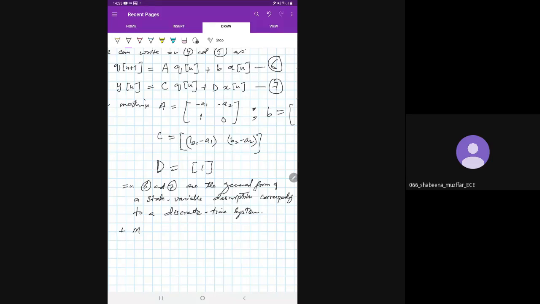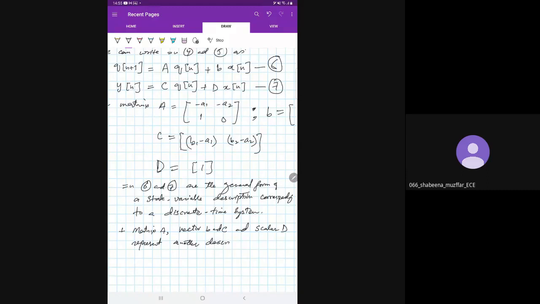In this also, there is matrix A, vectors B and C, and scalar D. D is not a vector, neither is it a matrix, it is a scalar. A, B and C represent another description of a system.